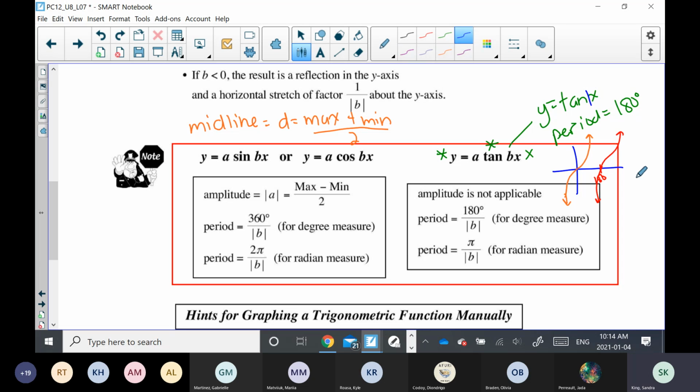Then 180 degrees later, we'd be over here at 360 degrees, and the graph would do the same thing. If I said, what's the amplitude of this graph? It's impossible to calculate, right? There is no amplitude. It's not applicable because this goes up to infinity. And then how often it repeats is 180 degrees. So you might want to draw this sketch on your study guide for tan.